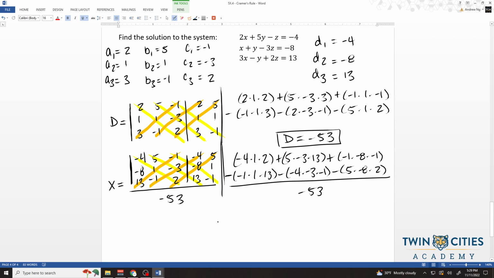Okay, so x is equal to, putting all of that into a calculator, you'll get -106 over -53. And then dividing negative 106 by negative 53, you'll find that x equals positive 2.